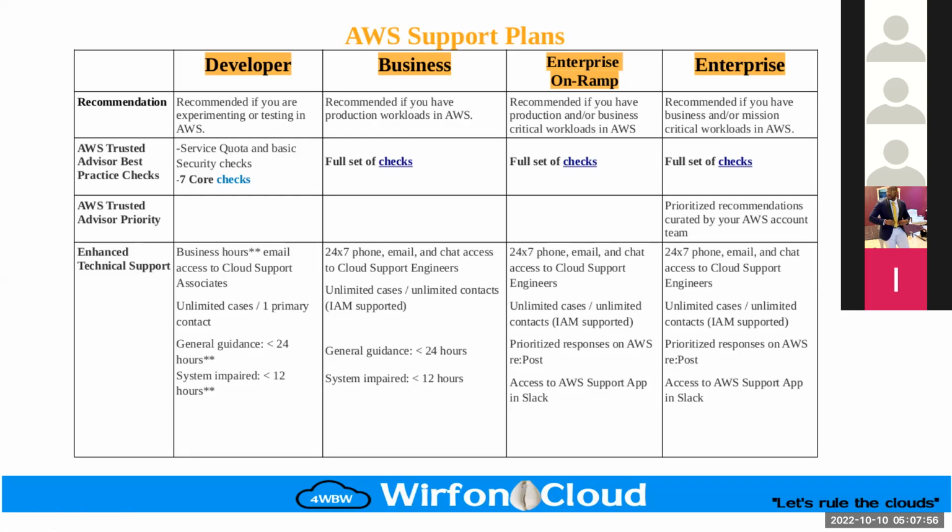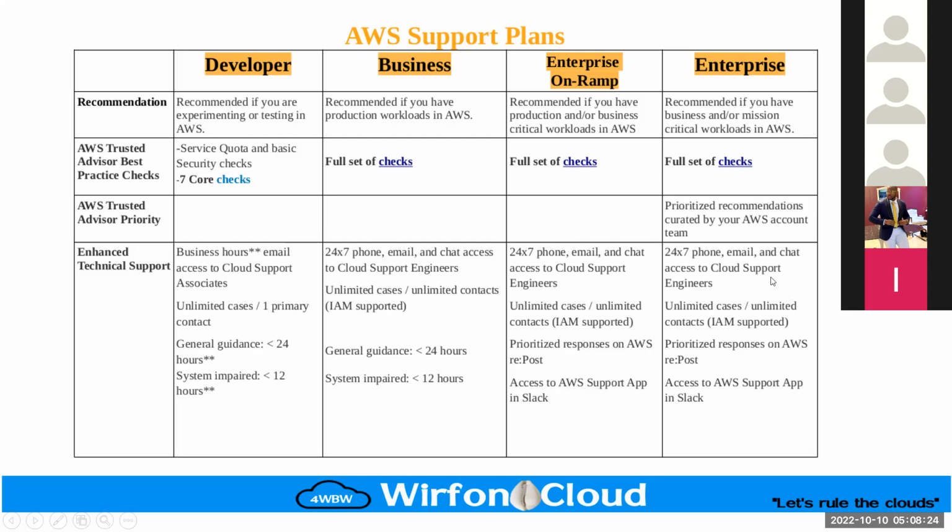Theirs is prioritized. They also have access to the AWS support app in Slack, which is also the same as the enterprise. So if you look at both of these, they have the same services when it comes to enhanced technical support.